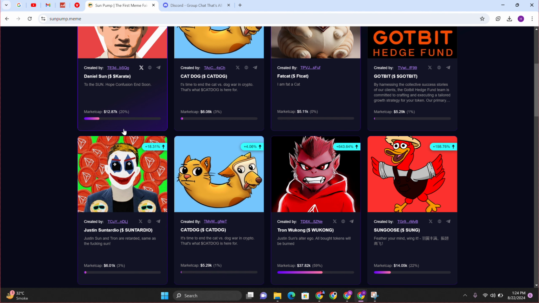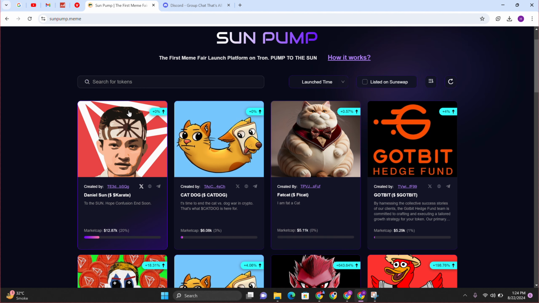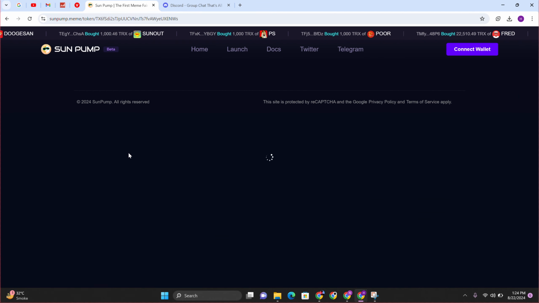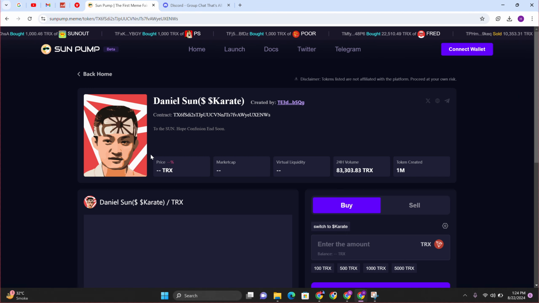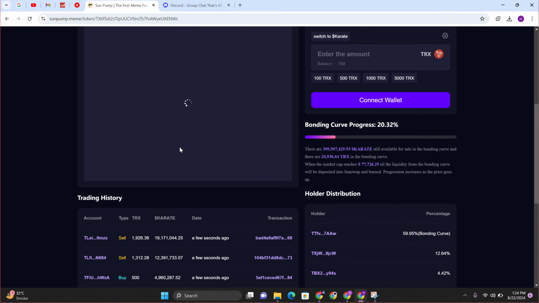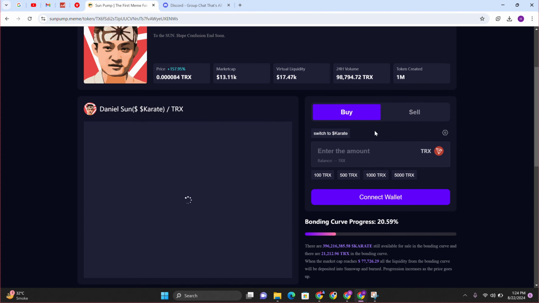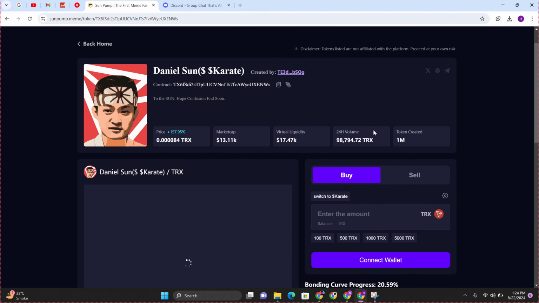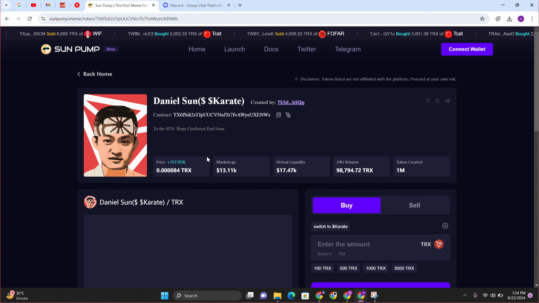This works with a bonding curve, right? If you have used Pump Fun before, you'd know that there's something called a bonding curve, and before your token gets listed on the platform marketplace, it needs to complete this bonding curve. So this is still at 20.59%. Before this token goes live automatically, this is basically like a pre-sale.